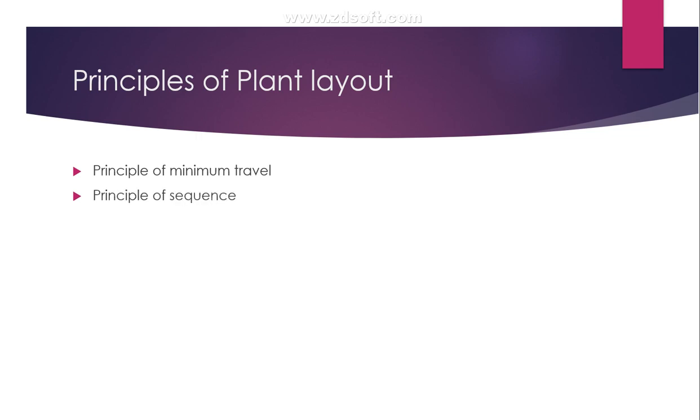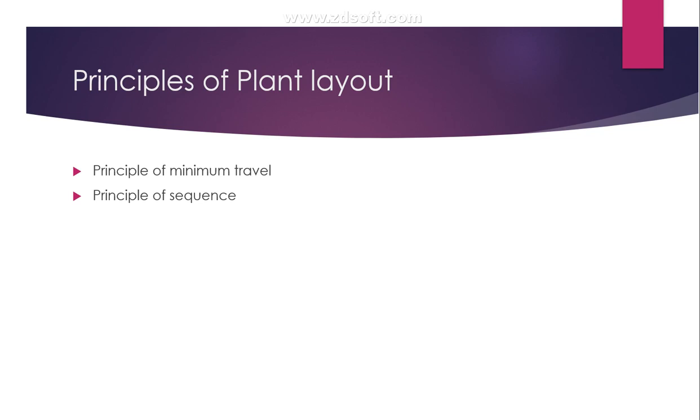Principle of sequence. According to this principle, machinery and operations should be arranged in a sequential order in order to avoid unnecessary time consumption in the production process. This will help us to reduce the production cycle.